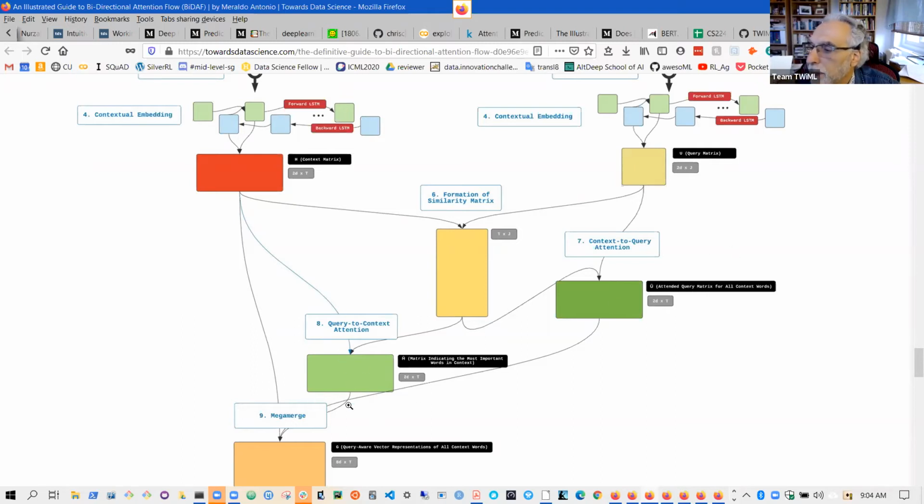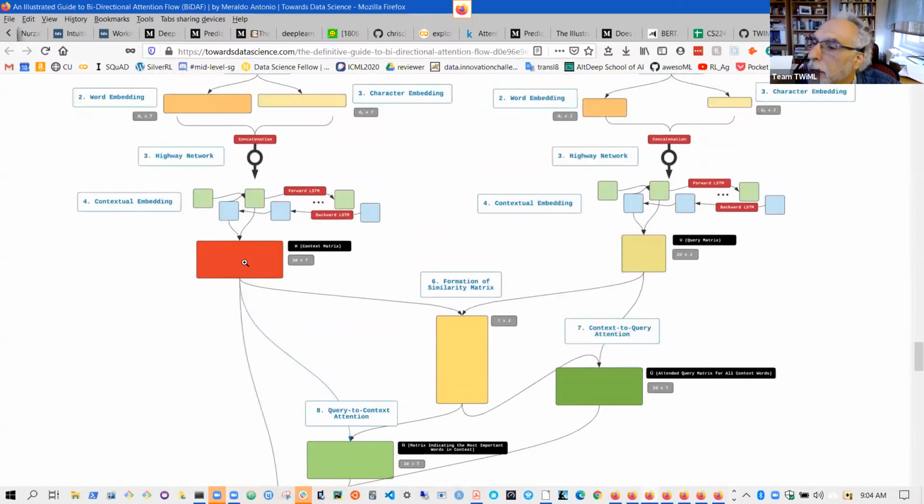That's the attention flow layer that we saw in the drawing, and then these get merged together with the output of the context embedding.